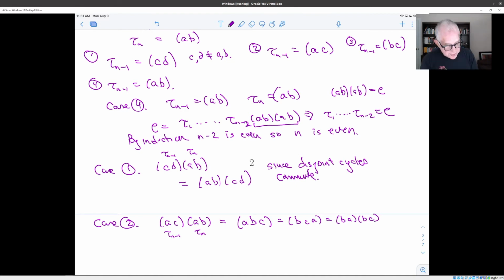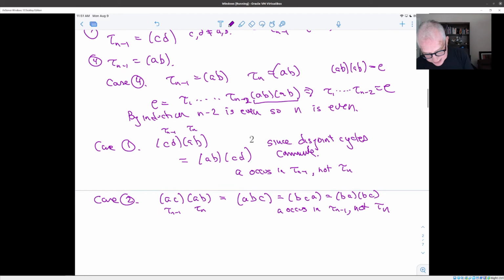And again, you'll notice we've moved A, which used to be occurring in the last tau n, and is now in tau n minus 1, but not in tau n. And similarly here, A occurs in tau n minus 1, but not tau n.